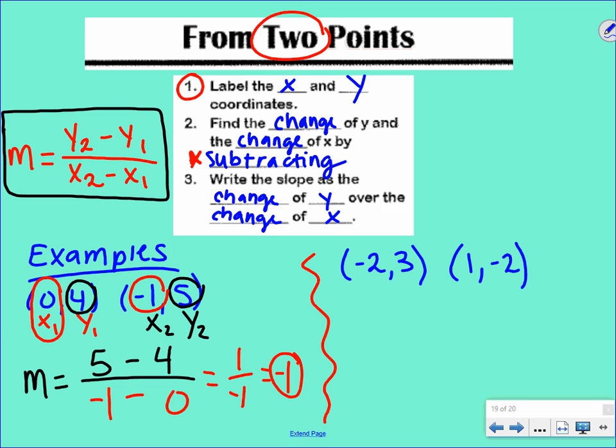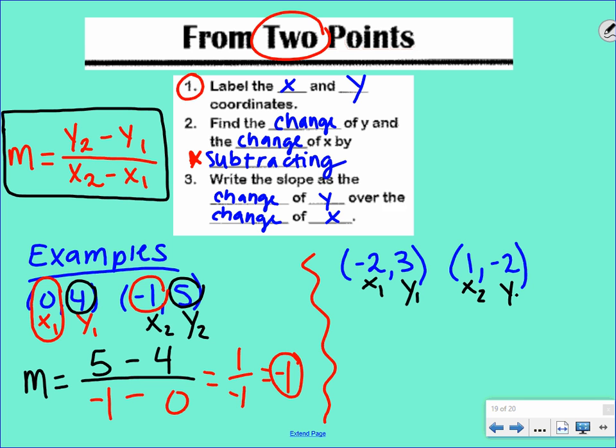We want to find the slope from those 2 points. So first step, label our coordinate points. We have x and y, and it's our first x and our first y. So we have x1, y1. Then we label our second point, x2, it's our second x, y2, our second y.